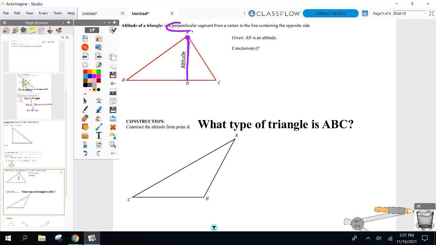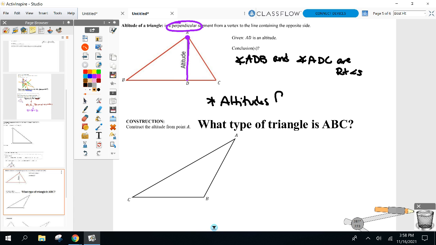So once I hear this word perpendicular, what conclusion can I make on this diagram? Angle ADB and angle ADC are right angles. Altitudes form right angles, if you want to jot that little fact down.